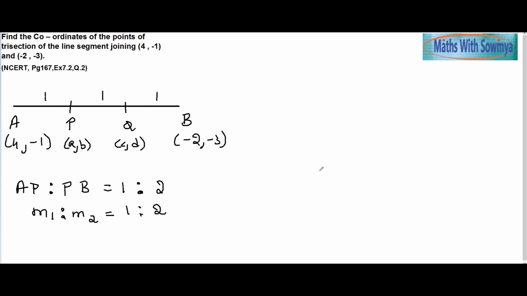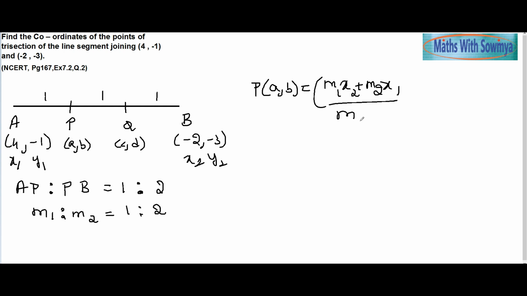So we know the formula, and before that we can apply. A is x1, y1 and B is x2, y2. So apply the formula for P, taking AB: (m1 x2 plus m2 x1) divided by (m1 plus m2).